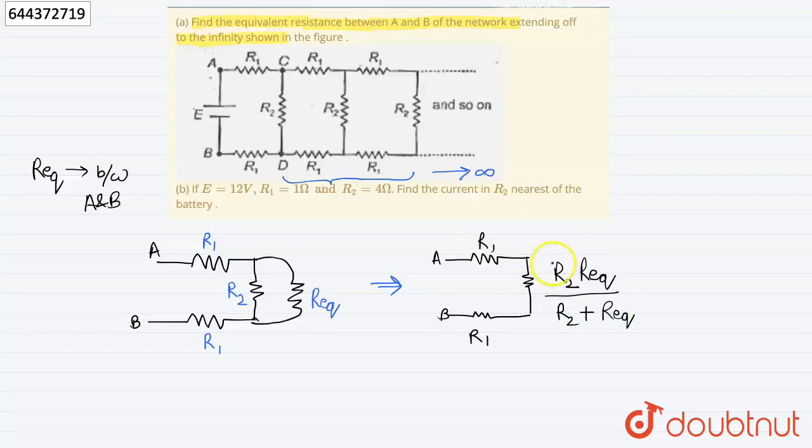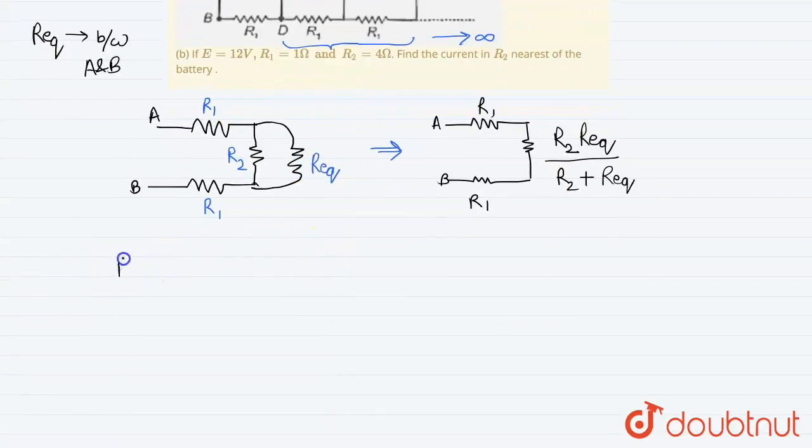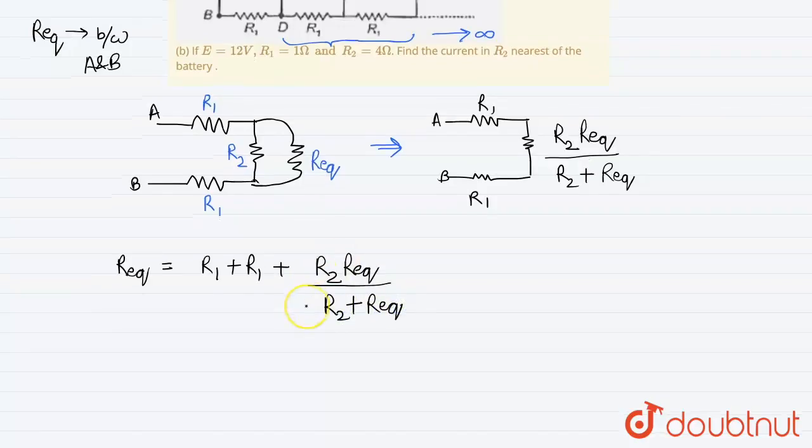Now all of these resistors are in series, so we can write R equivalent, which is between A and B, as R1 plus R1 plus R2 R equivalent upon R2 plus R equivalent.